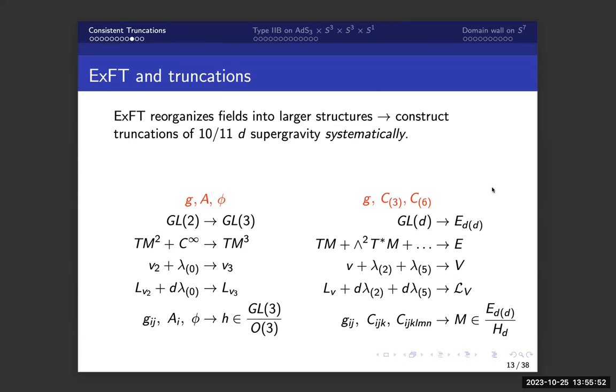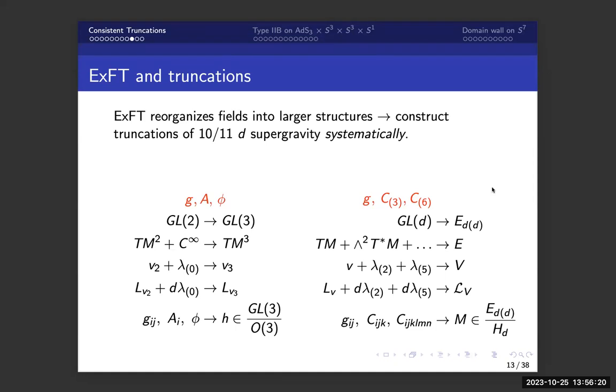The point is that there will be an enhancement of the group that these fields naturally transform under. These fields will be acted on by a larger group than the naive GLD that you would expect from them being differential forms.